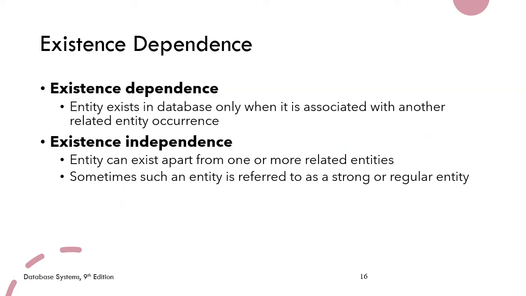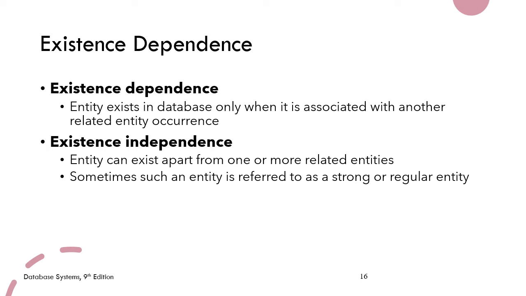Okay. So next, existence dependence. This one is: an entity exists in the database only when it is associated with another related entity. And then an entity can exist apart from one or more related entities. This is the existence dependence. For each entity, whether they have the dependence or not.